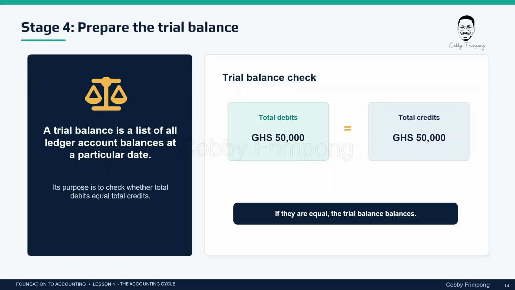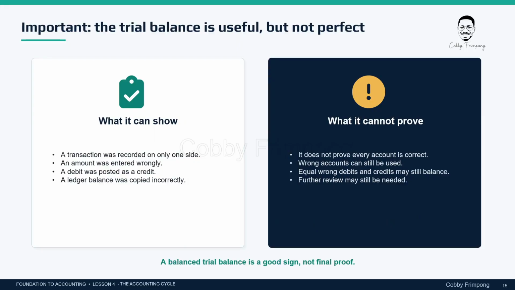Its purpose is to check whether total debits equal total credits. If total debits are 50,000 Ghana cedis and total credits are 50,000 Ghana cedis, the trial balance balances. The trial balance is useful, but not perfect.